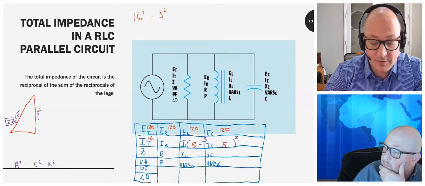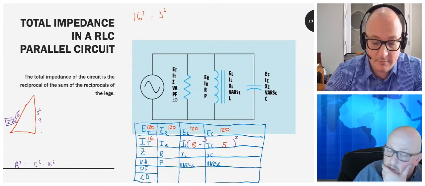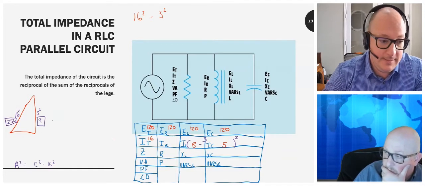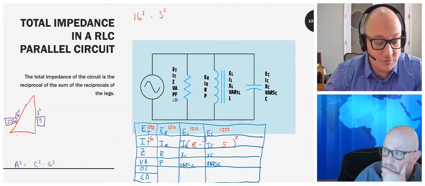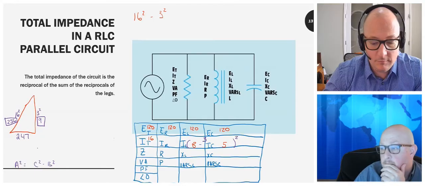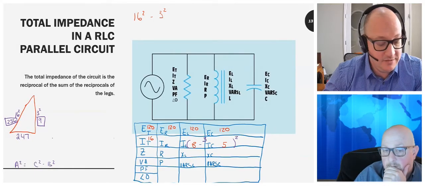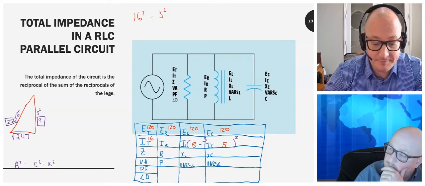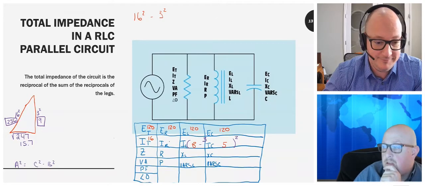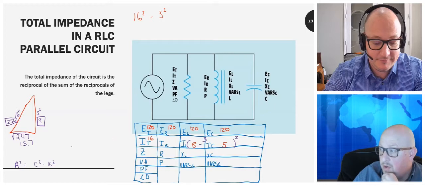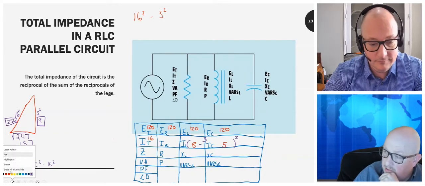Yep. 3 squared is 9. And the difference is 247. And I gotta take the square root of 247, which is 15.7. So my resistance here is 15.7? Mm-hmm. All right.